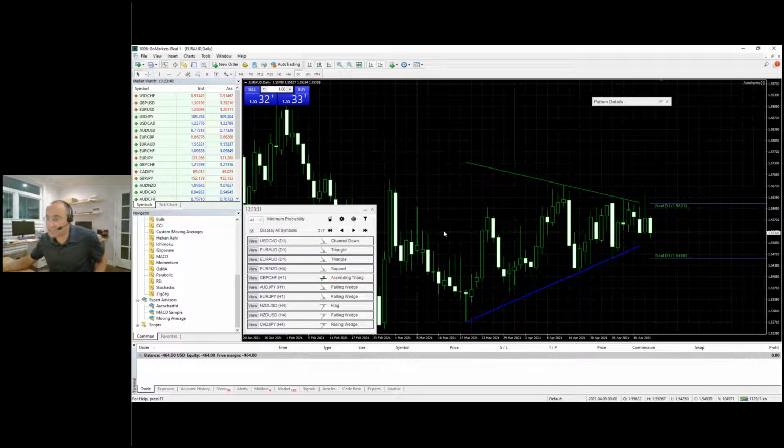This is quite interesting, these triangle patterns where there's this compression. If any of you are familiar with a term called a straddle, it's mostly used in options trading, but you can also achieve it in spot trading, currency trading.